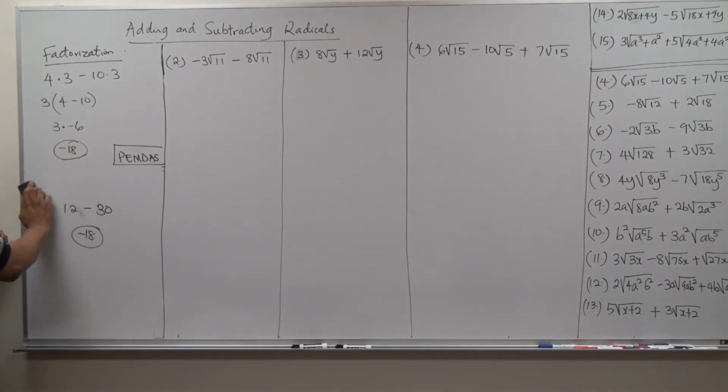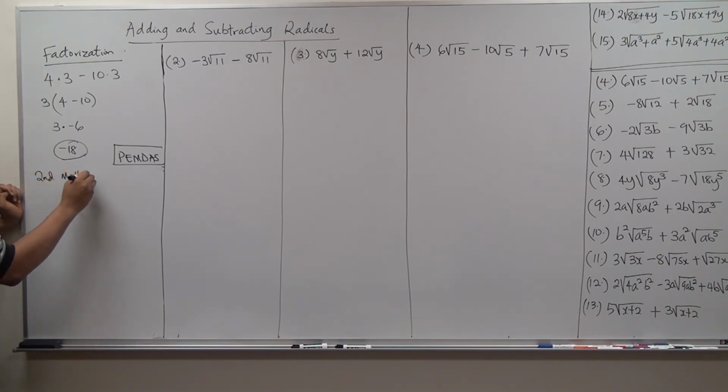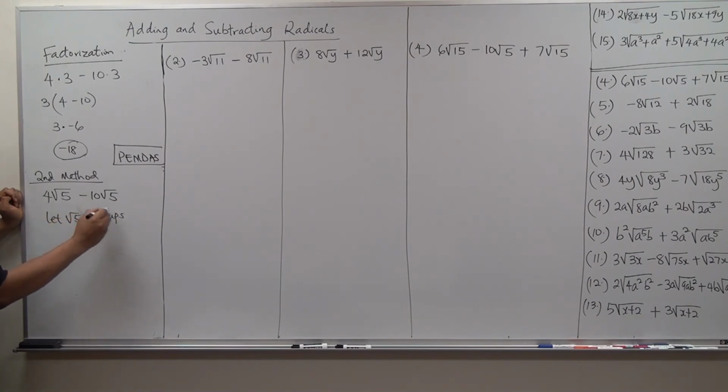Another way, the second method I want to teach you, although I will not be using it most often, is if we have 4 square root of 5 minus 10 square root of 5, here you can just say let square root of 5 be cups, or C. So this means 4 cups minus 10 cups.